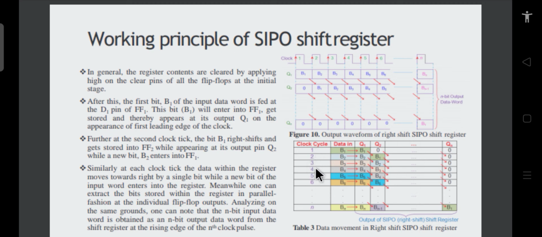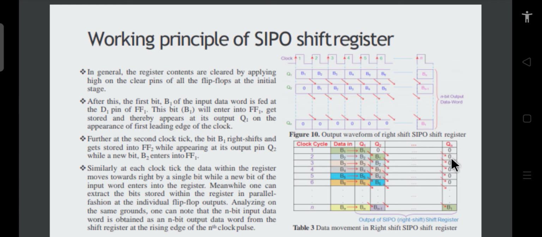With the appearance of every clock pulse, the data is moving. Whatever data you have applied on the input moves to the output of Q1 on the appearance of the first clock pulse edge. Then on the appearance of the second edge of the clock pulse, the bit B1 moves to the output of Q2.